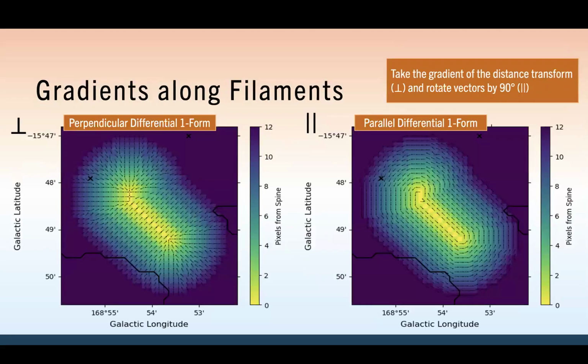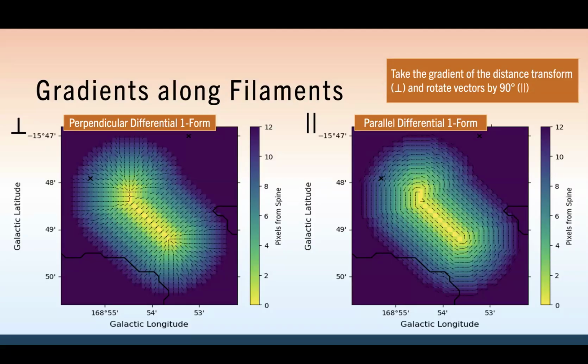Now, these differential one-forms are shown here. This is zoomed into one of these smaller filaments, also in B10, and we see in bright yellow the ridge of the filament. The differential one-forms are the gradient of those distance transforms. For the perpendicular differential one-form, we see that all the vectors are pointing inwards towards that filament.